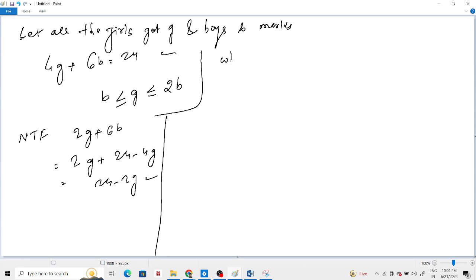Now see when G is equal to B, at that time 4B plus 6B is equal to 24.